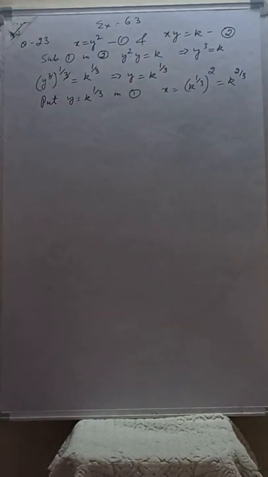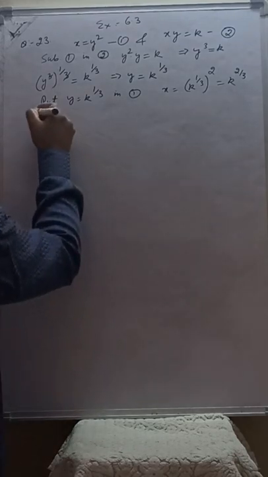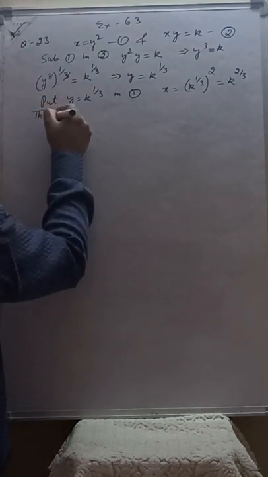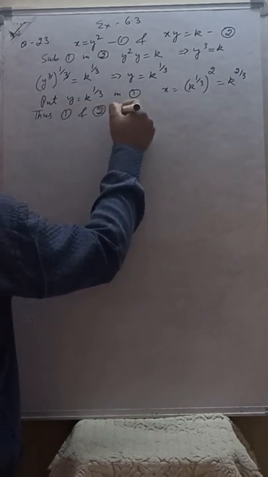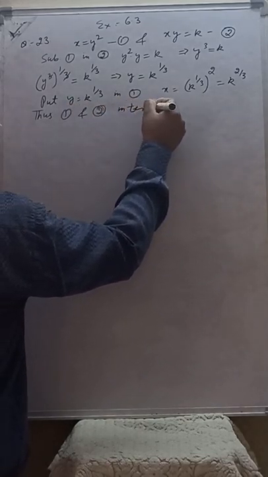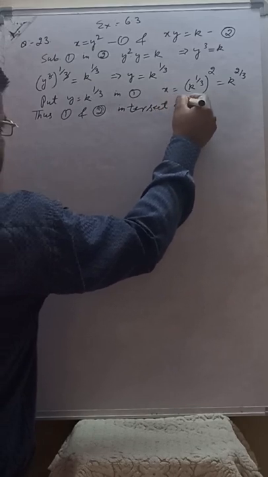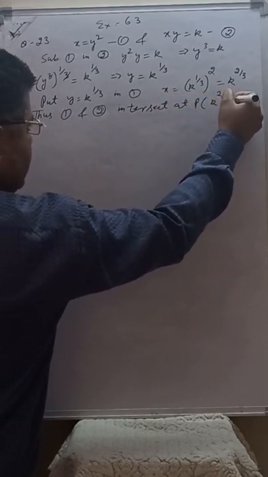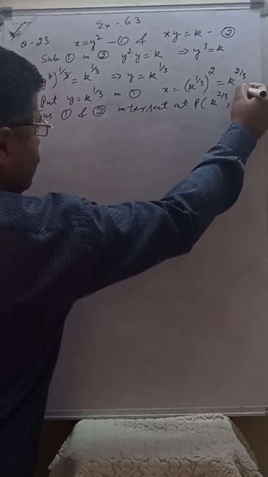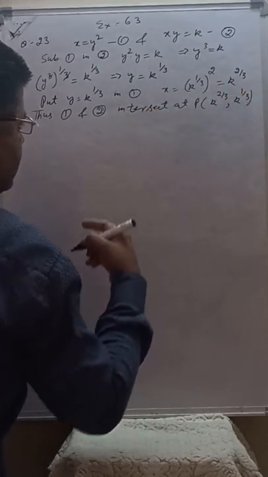Now we can write, thus the two curves 1 and 2 intersect at P. The x coordinate is k^(2/3) and the y coordinate is k^(1/3). So this is the point of intersection.